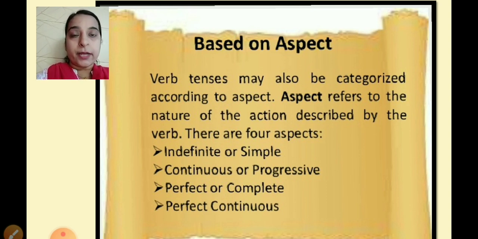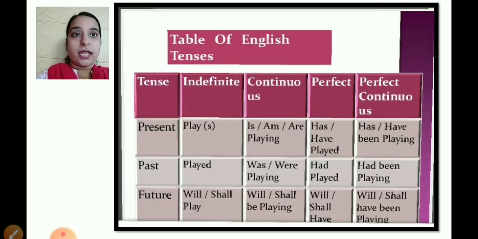Aspect here refers to the nature of the action described by the verb. There are four aspects: indefinite or simple, continuous or progressive, perfect or complete, and perfect continuous. Let us have a look at the table of English tenses.